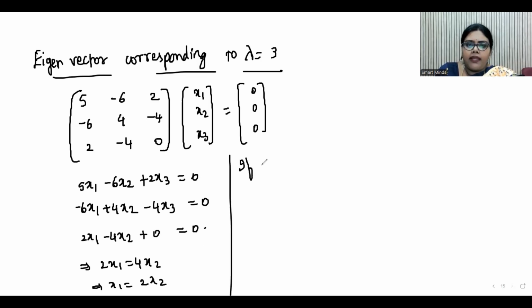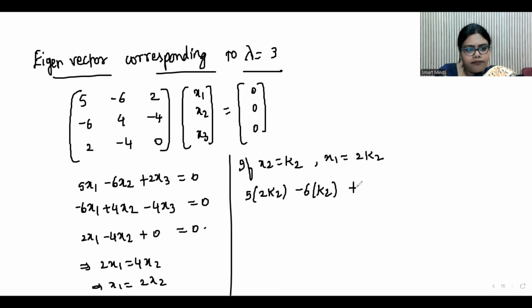Now, if you take x2 is equal to some k2, then x1 will become 2k2. Now substitute these two values in any one of the equations. So what can we do here?